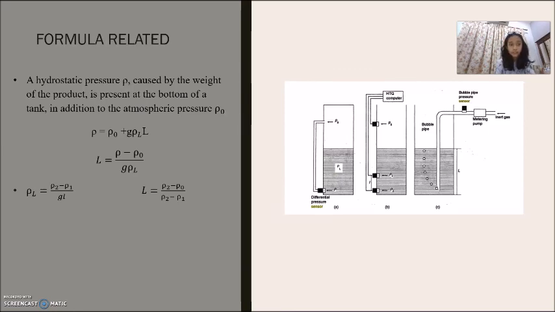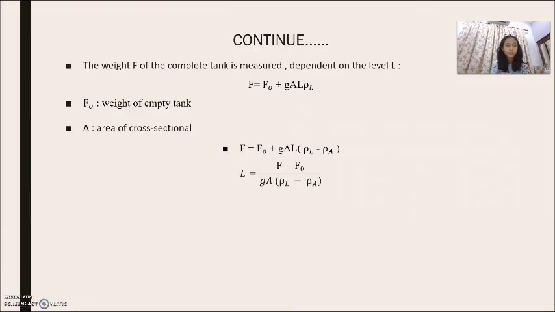A hydrostatic pressure caused by the weight of the product is present at the bottom of the tank in addition to atmospheric pressure. So hydrostatic pressure is equal to the atmospheric pressure plus the density times gravity times the height of the water level. So this is the formula for the calculation.